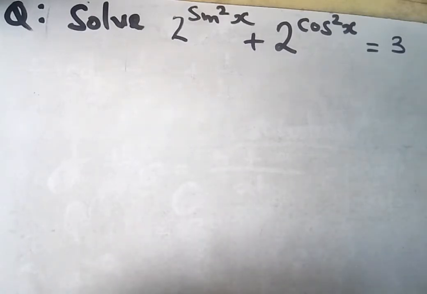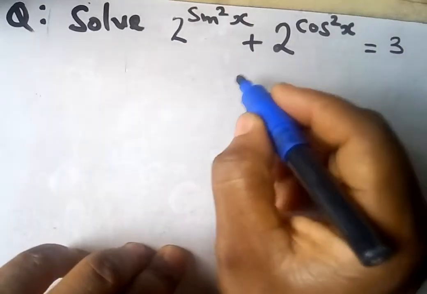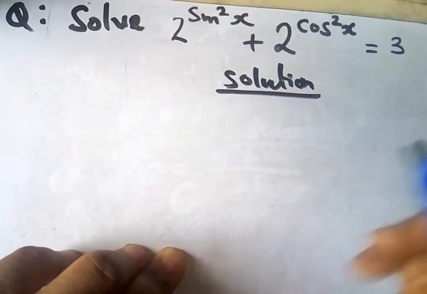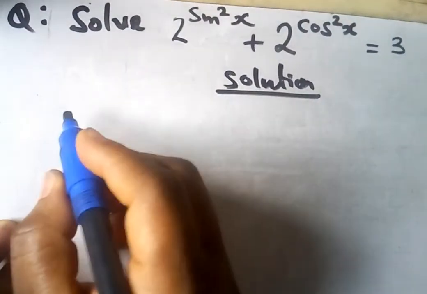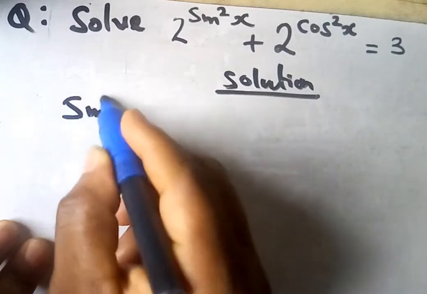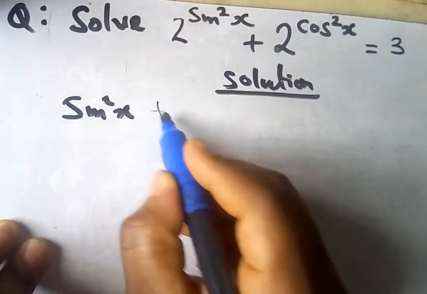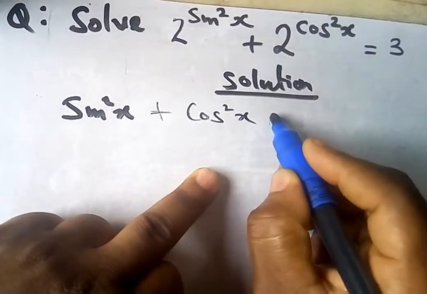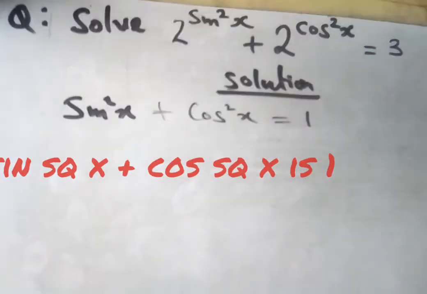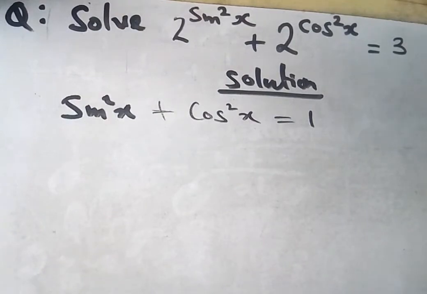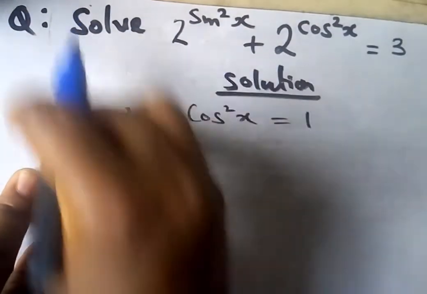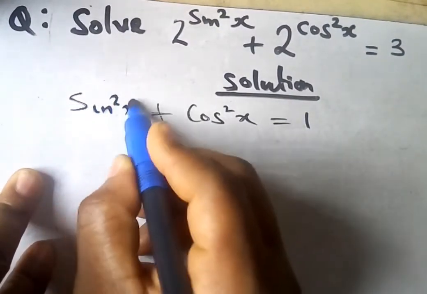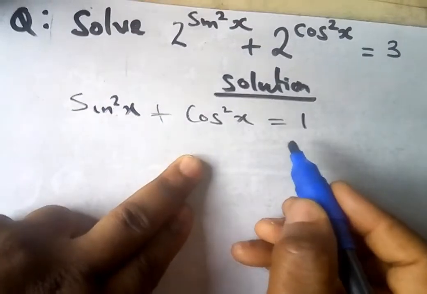What we just need to do is to recall a particular trigonometric identity that says that sine square x plus cos square x is equal to 1.